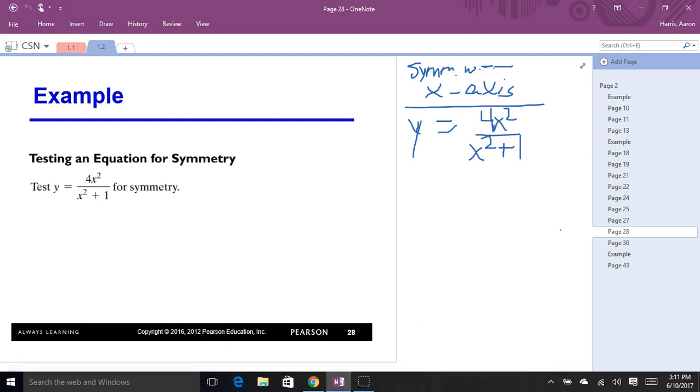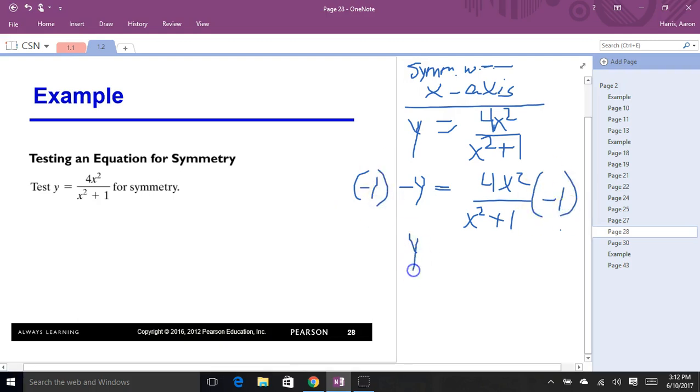Now, if it's symmetric with respect to the x-axis, then I can just replace y with negative y, and when I simplify this, I should end up with the same thing that I started with. Okay. Well, I want to get rid of this negative y, so let me multiply this side by negative 1 and this other side by negative 1.